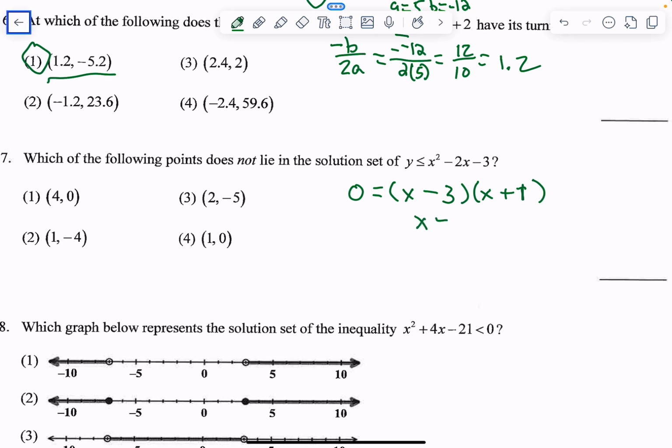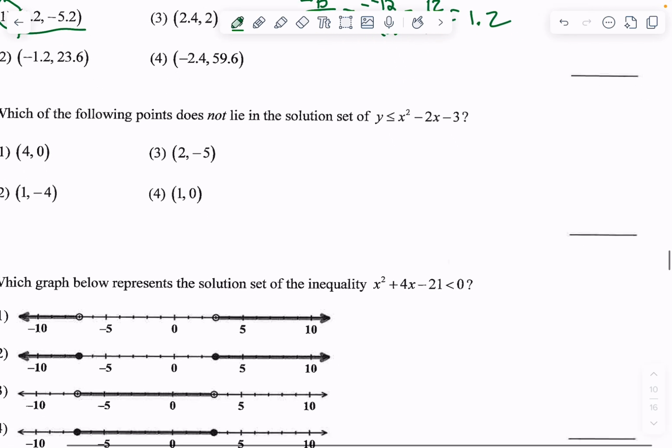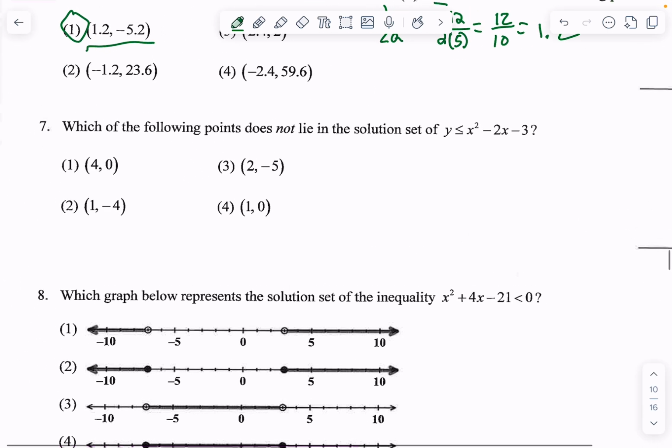So I have x is equal to 3 and x is equal to negative 1. Okay, so if you put these on the number line, it doesn't really help. So let's try something alternate, right? Let's take this out of here and let's try these points. We'll try one that doesn't work, and then we'll try the one that will work.